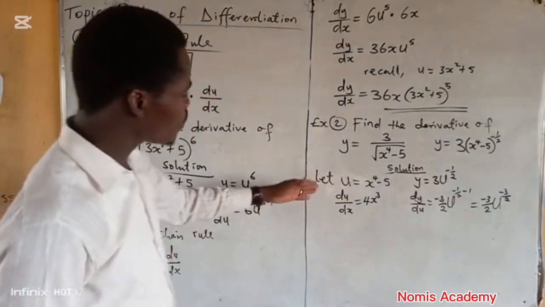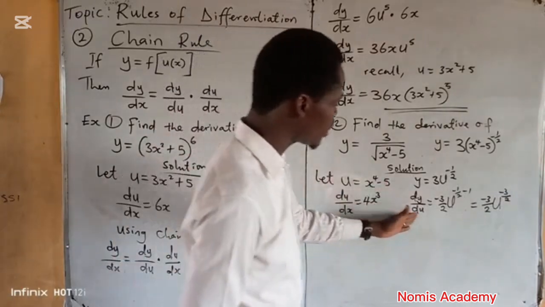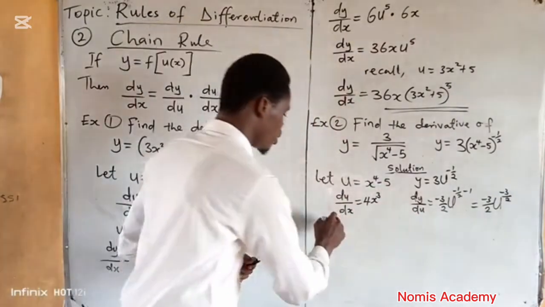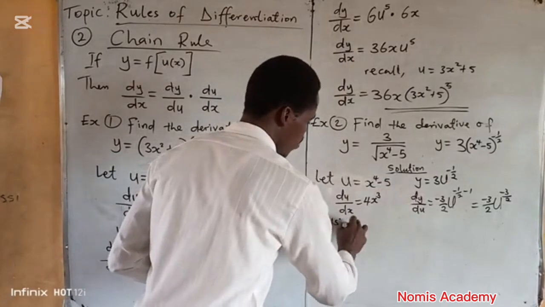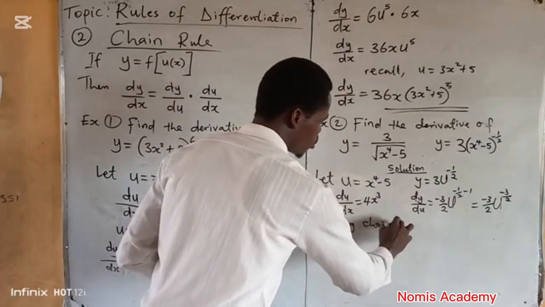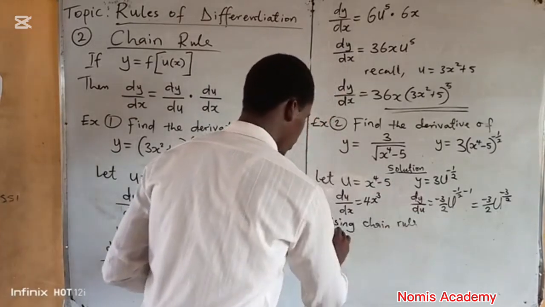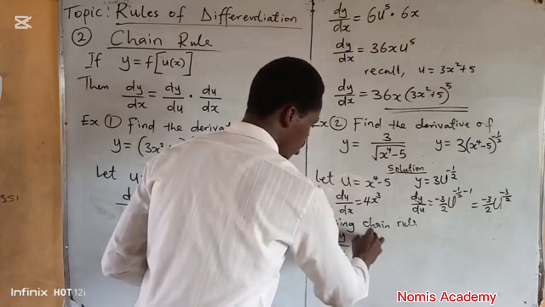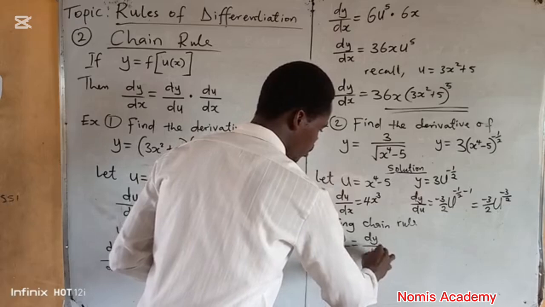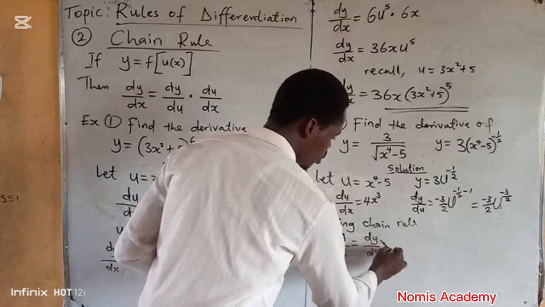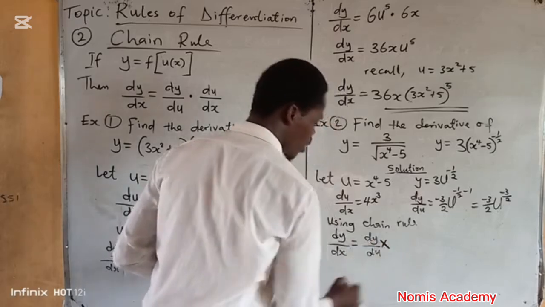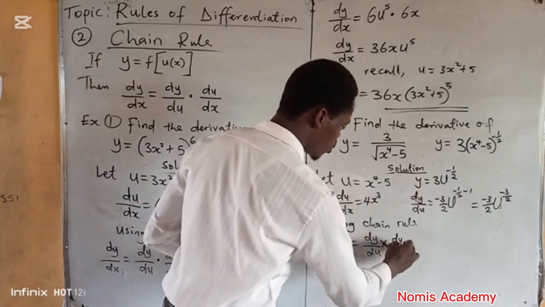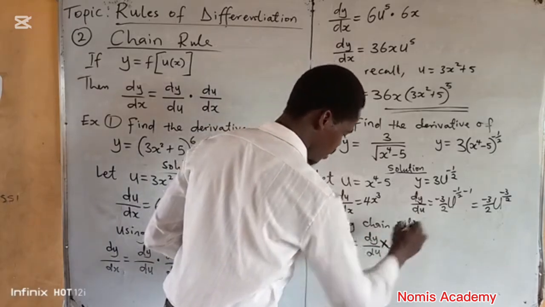Alright, we have du dx and dy du. So we say using the chain rule, dy over dx equal to dy over du multiplied by du over dx.